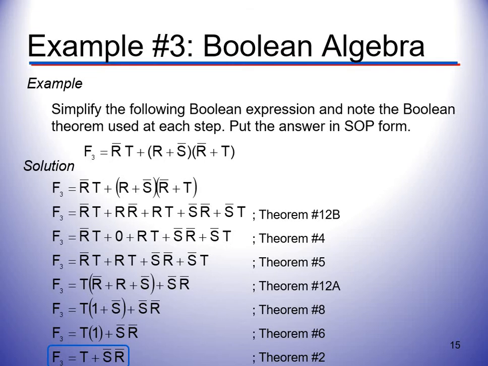Think about this part. Why can that just become 1? Because in your theorem it's 1 or x, but in this case we have 1 or s bar. 1 or anything is always a 1. So that leaves us with t and 1 or s bar r bar, which simplifies to t or s bar r bar. So you've got to look for those different things.